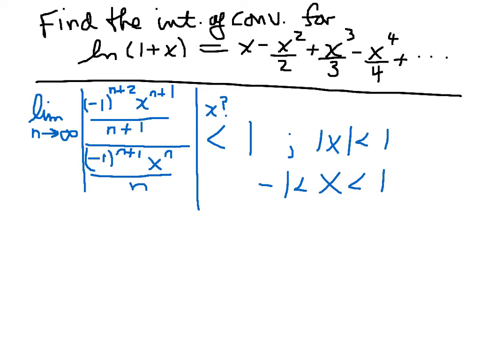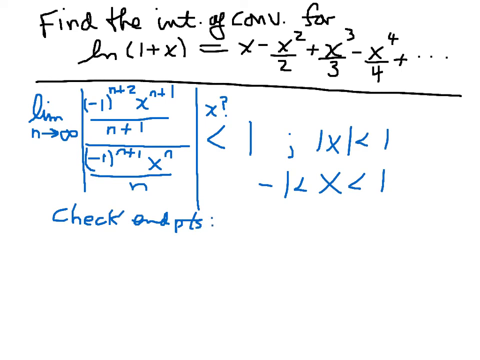In this interval, this series converges absolutely. What we want to check now is, does this Maclaurin series converge at -1 and converge at 1? So this is where we have to check the endpoints.